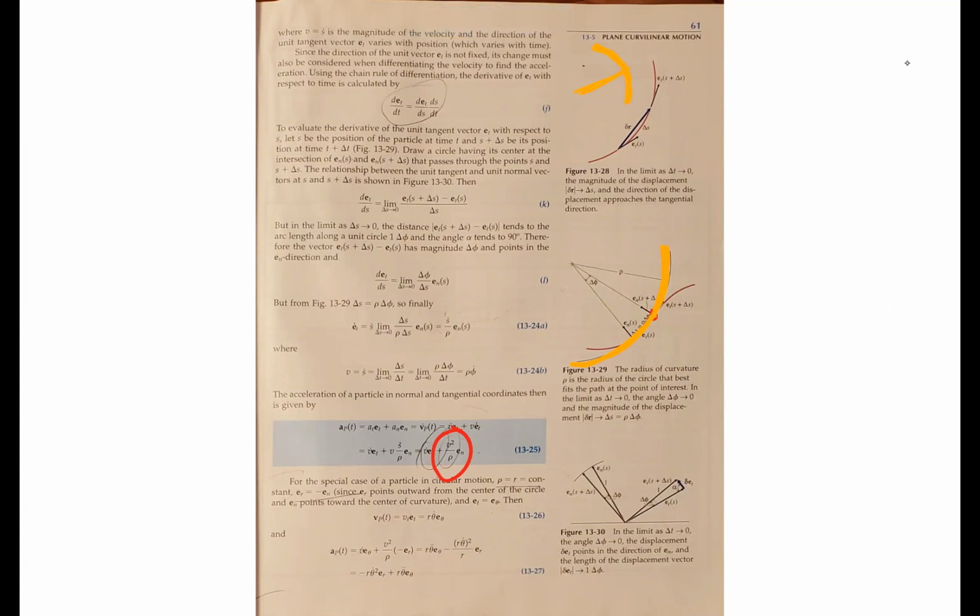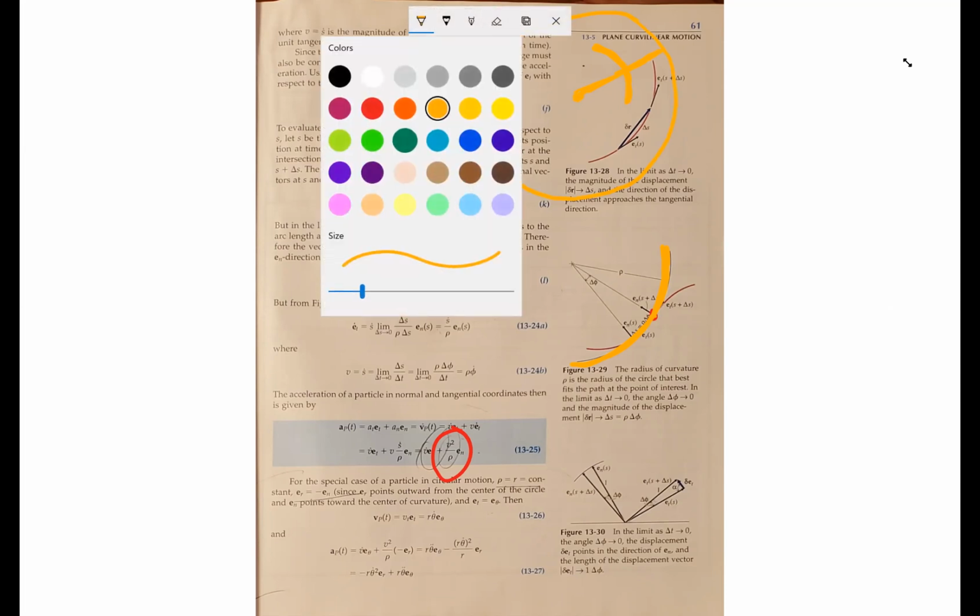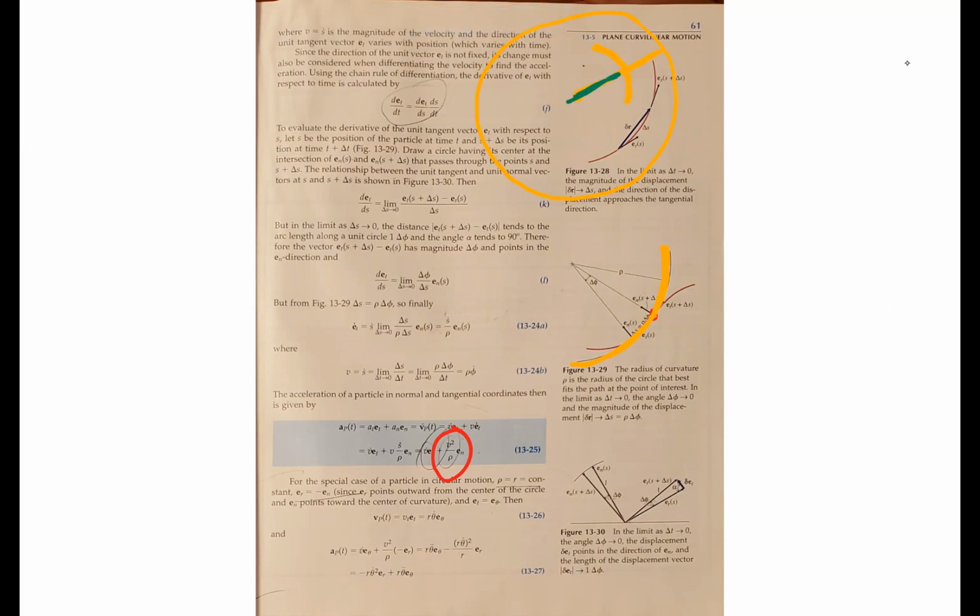If I was to extend the radius of curvature, then the curve would have to be bigger in order to come all the way around and have that radius. So the first radius that I drew would be here. The radius of curvature would match that radius, come around, and would make a circle. So that's what rho is.